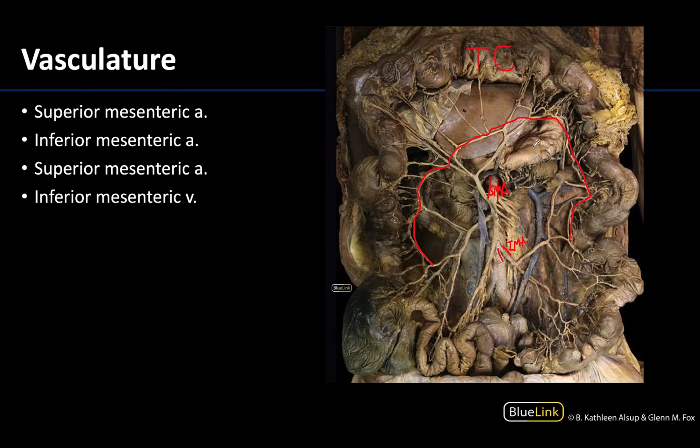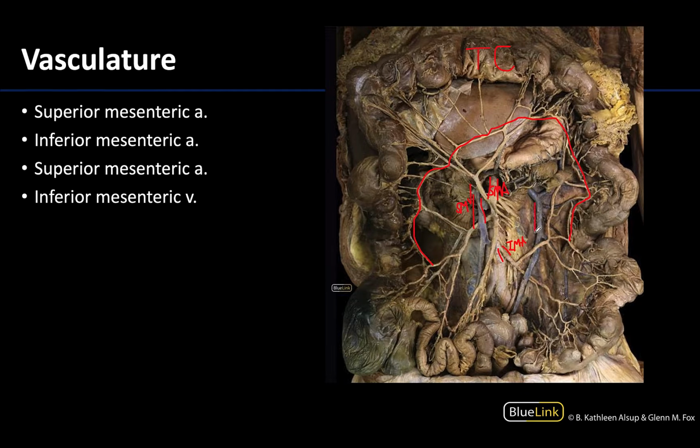There are going to be branches all over the place in terms of the SMA. And the SMV, or the superior mesenteric vein, is very closely associated with the SMA. So it's just to the right of the artery. The inferior mesenteric artery is smaller in caliber, so it's going to have fewer branches.